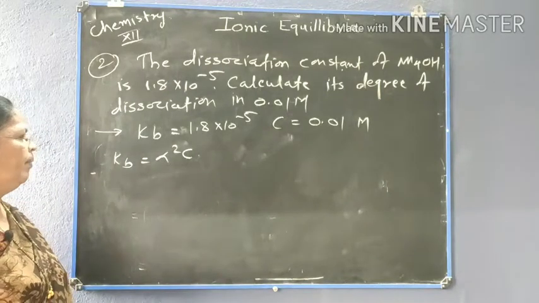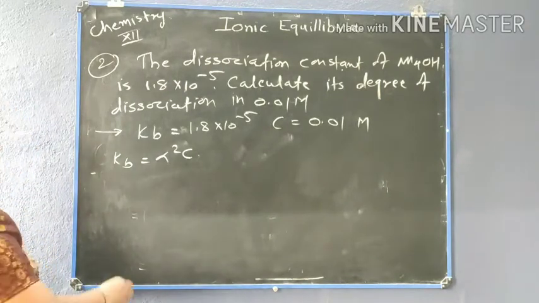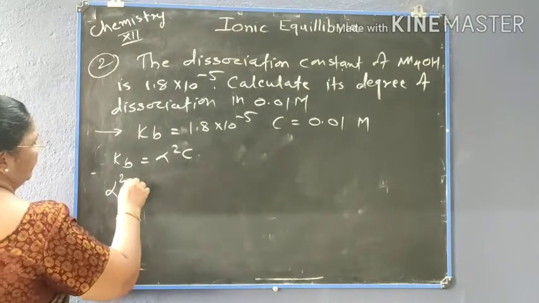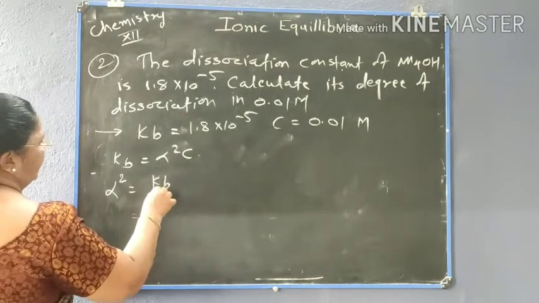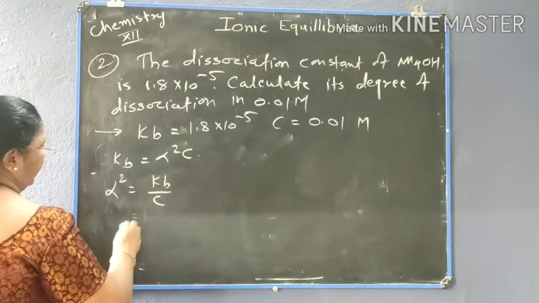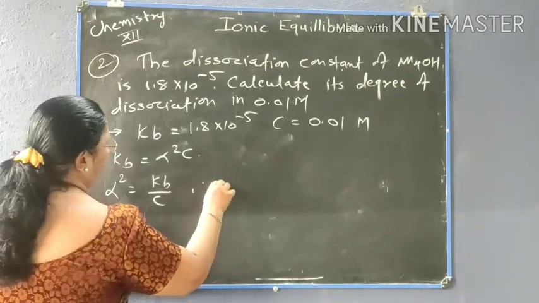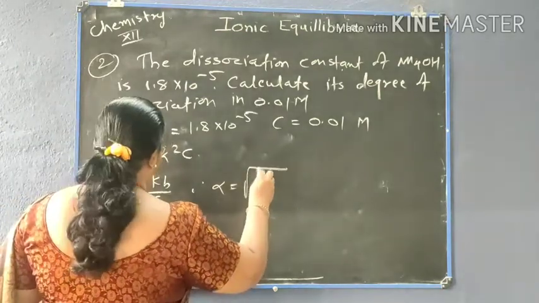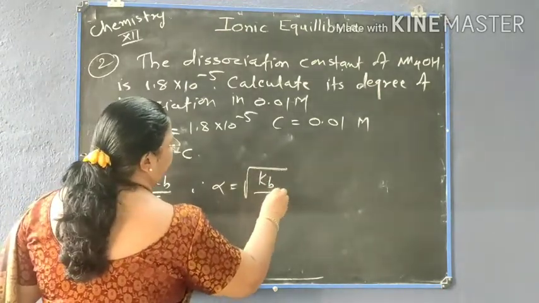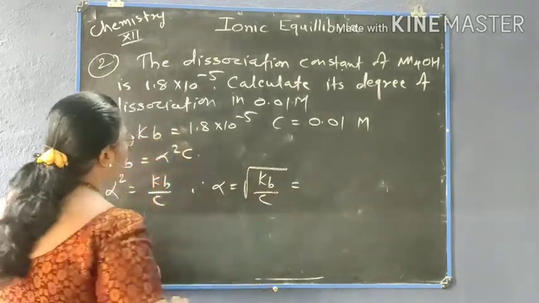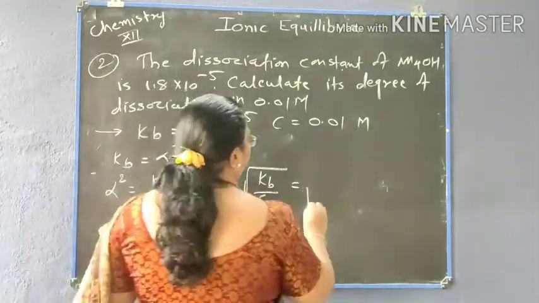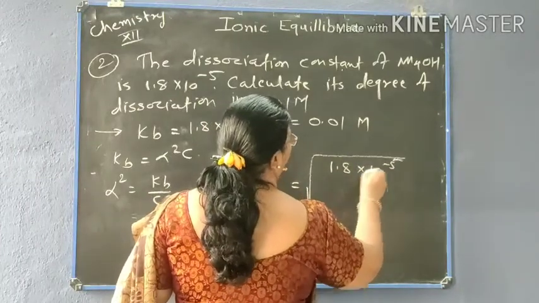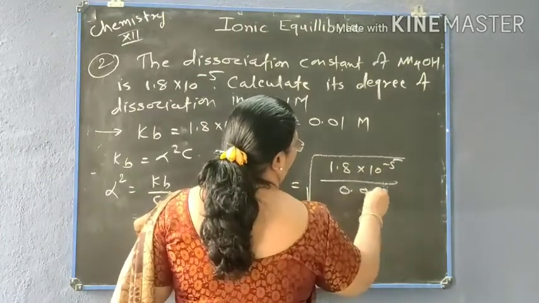Here you have to calculate the value of alpha. So alpha square is equal to Kb divided by C, and taking the square root, alpha is equal to the square root of Kb divided by C. The value of Kb is 1.8 into 10 raised to minus 5, divided by 0.01.